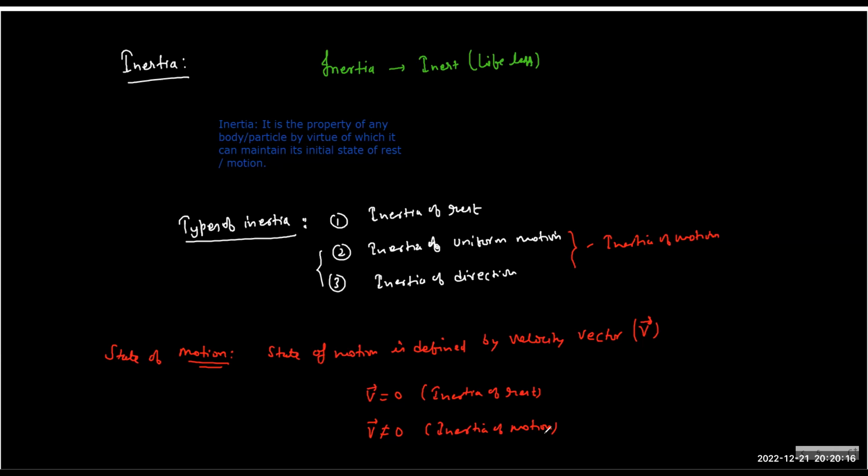Because a body cannot change its state, yes or no? Tell me. Can a body change its own state? No, sir. So whenever we see a change of state, what must we infer? The presence of an external force, yes or no? Yes, sir.